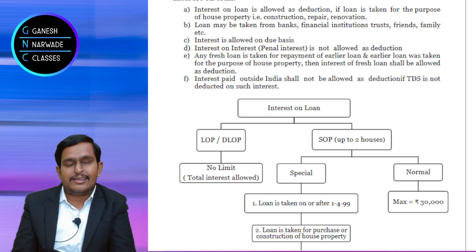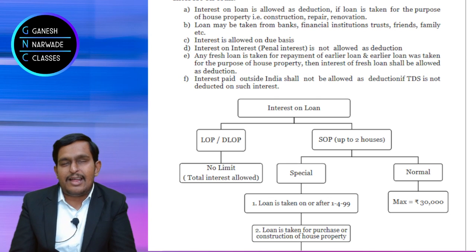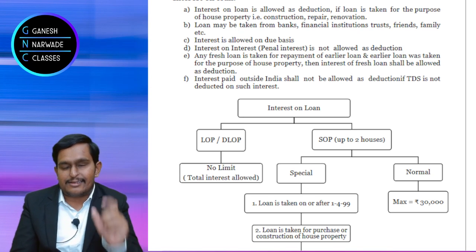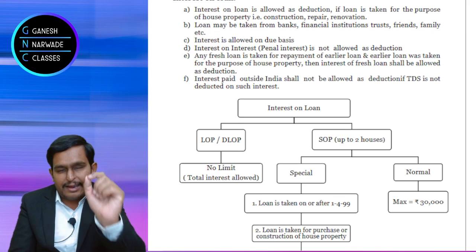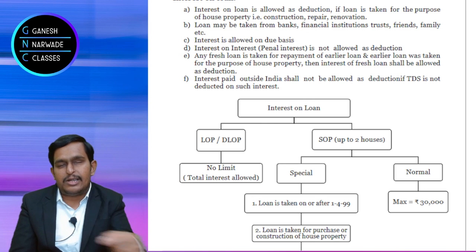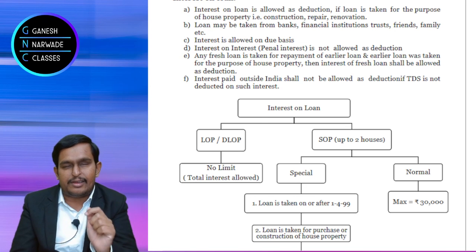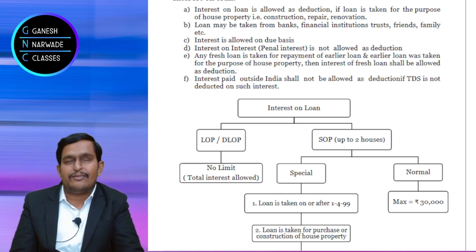Next thing, suppose you have taken the loan from a foreign country and you are paying interest outside India. In that case the government says please deduct TDS. You are required to pay interest to the bank outside India, but from the total interest you should deduct the tax portion and deposit it with the government.